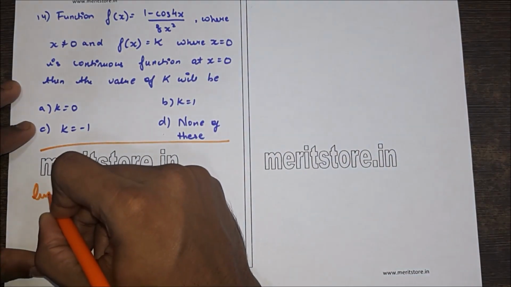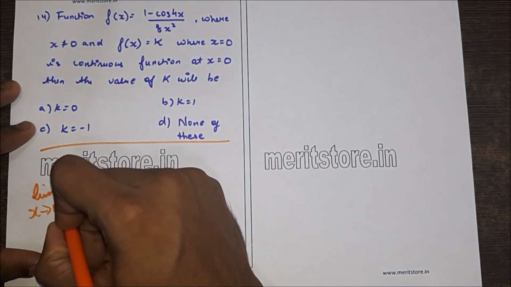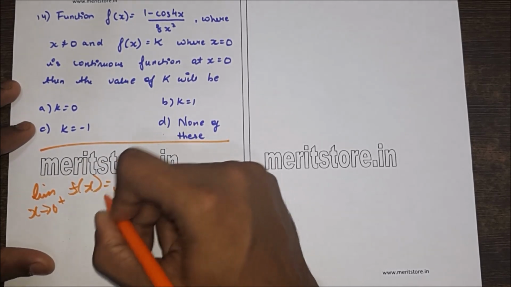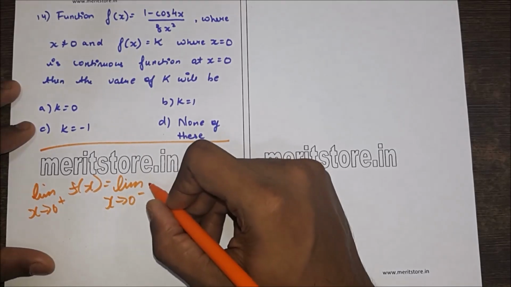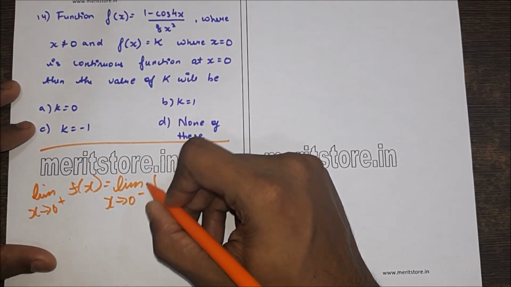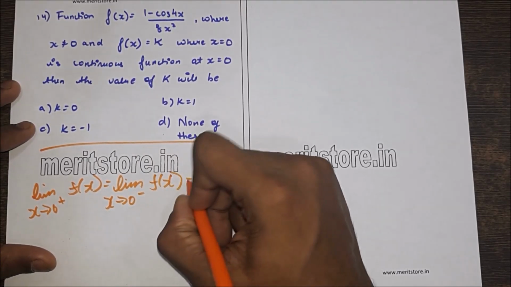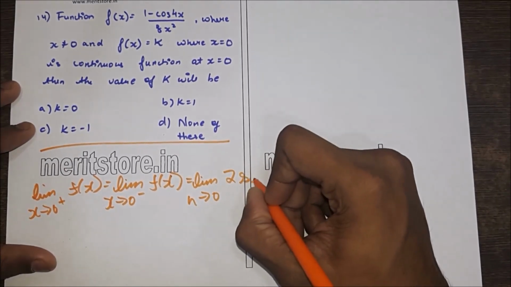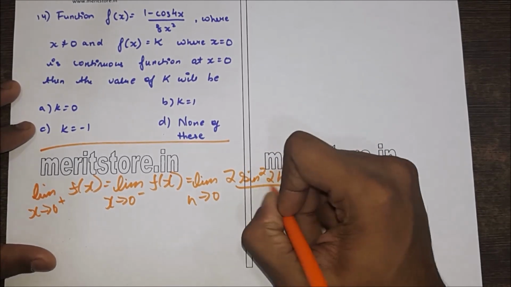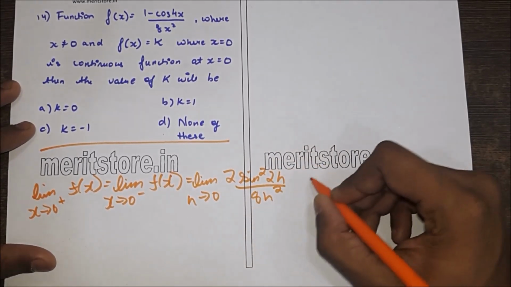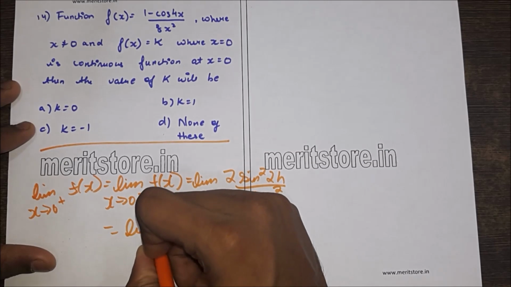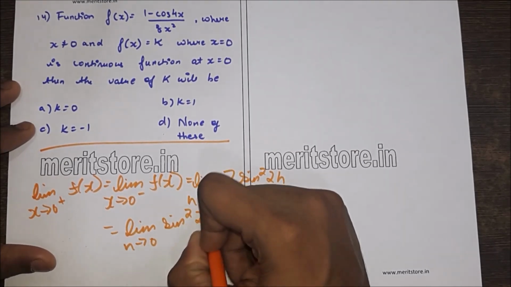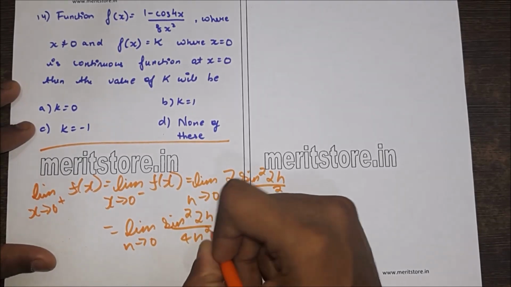limit of x tends to 0 positive, from the right hand side, f of x is equal to limit of x tends to 0 negative, on the left hand side, f of x equals limit of h tends to 0 sine square 2h upon 8h square, which equals limit of h tends to 0 sine square 2h upon 4h square.